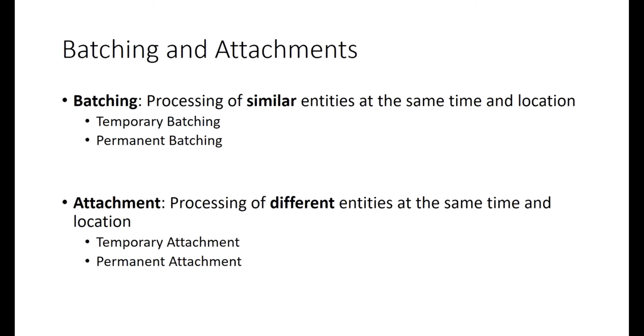If you want to capture such a thing in the model, that's what we call batching, okay? In batching, we are processing similar entities at the same time and location. These similar entities come to a location, and then we have to wait till we have 5 of them or 10 of them or 20 of them, whatever number it is. And then we process that 10 or 20 together, and then they go through the rest of the process one by one.